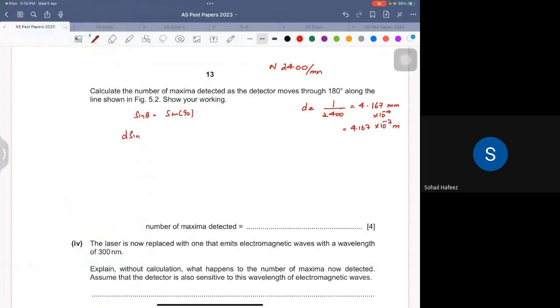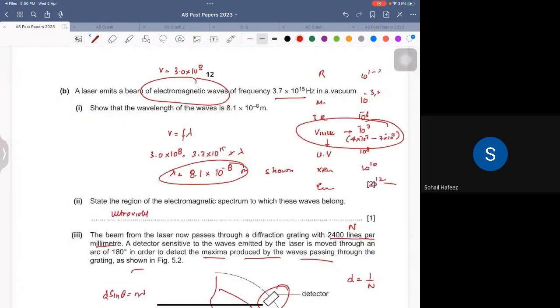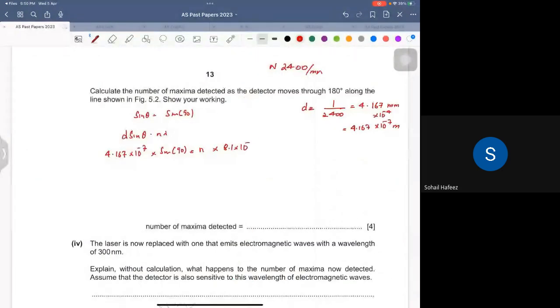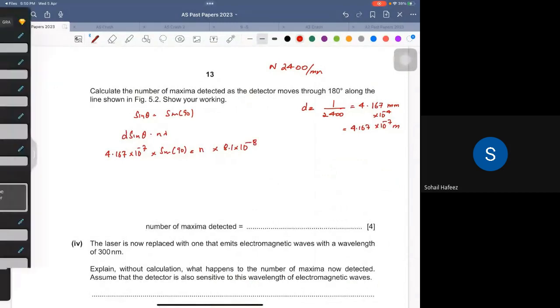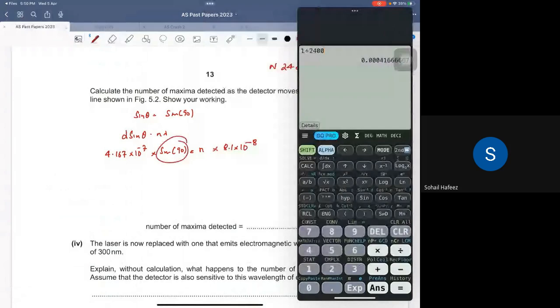Now you use d sine theta equals n lambda. d is 4.167 times 10 raised to minus 7. You have to take theta as 90. We have to find n, and lambda is the one we found earlier, 8.1 times 10 raised to power negative 8. I'm going to use my calculator. By the way, if you don't know, sine 90 is just 1, so you don't have to worry about anything.